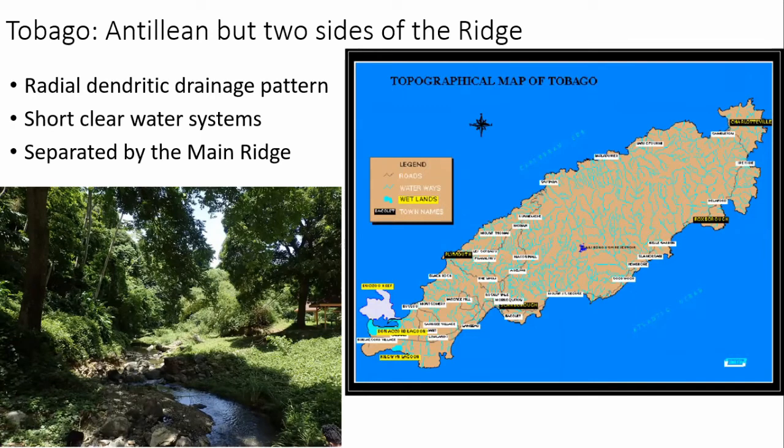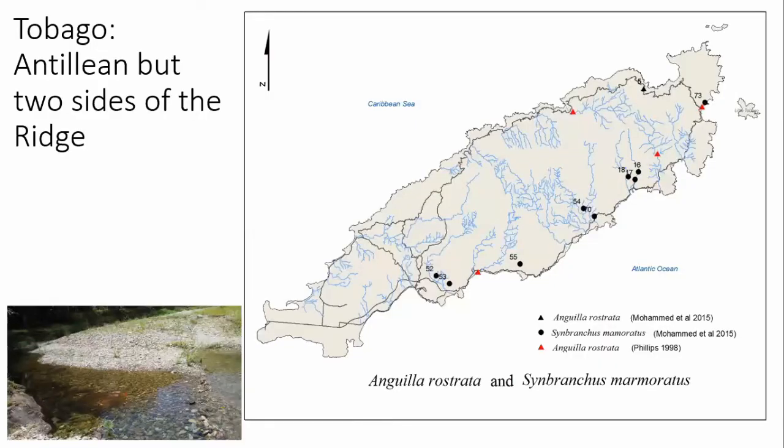But Tobago, because we are separated by one main ridge, we have two sides of a sword, two sides of the coin. And the two sides of the coin are reflected in the fish assemblage. I made mention earlier about Anguilla rostrata, our American eel, and Sicydium marmoratus, our common zanthi.